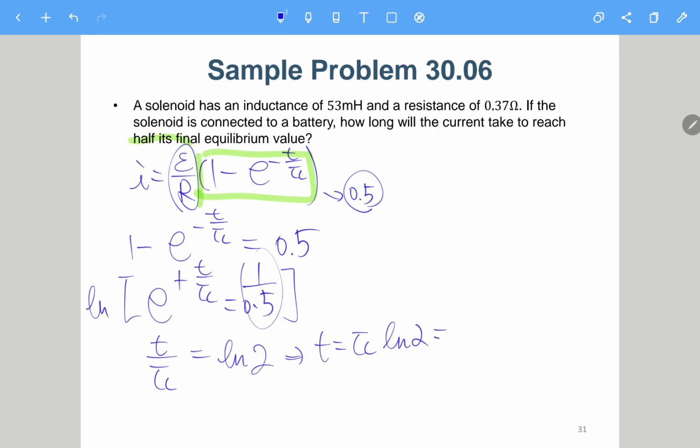And then tau L is nothing but L over R, times natural log of 2. So we can just plug in the values. L is 53 milli, and R is 0.37. So we have 53 times 10 to the negative third power over 0.37, and then natural log of 2. This number is 143.2 millisecond.